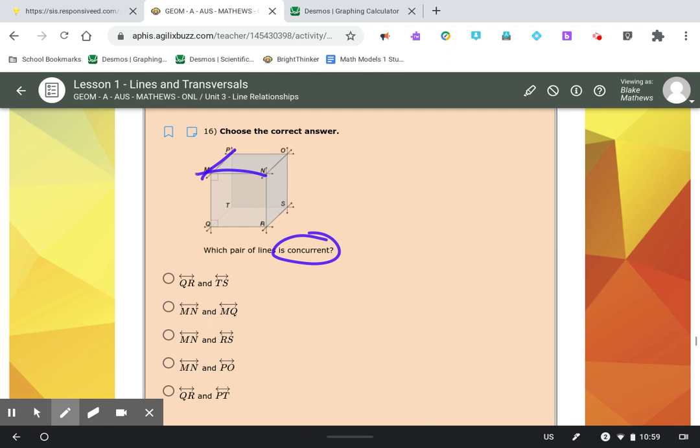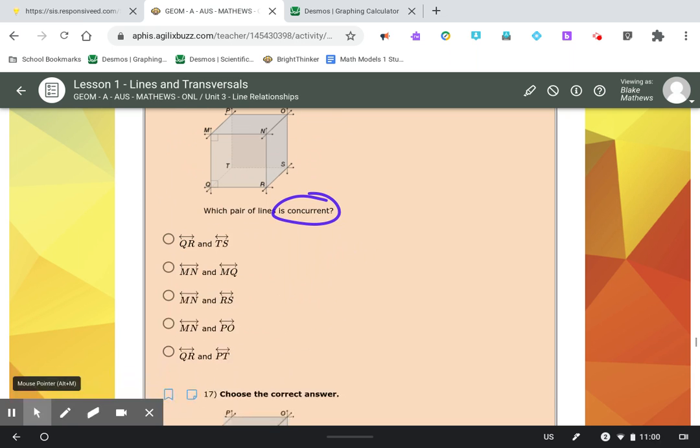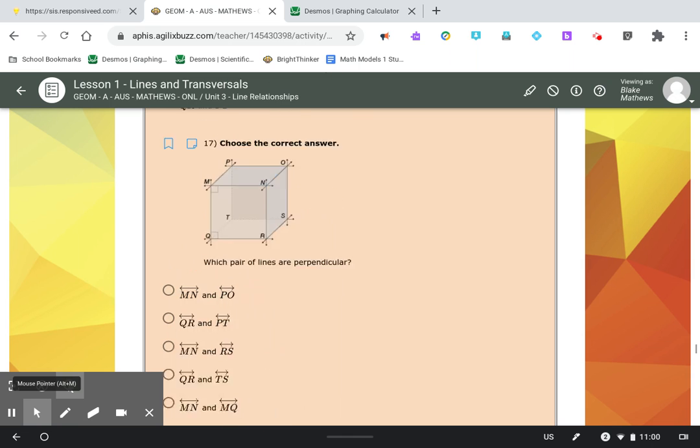These lines intersect. These lines intersect. Tons of different pairs of intersecting lines. So you just need to find which of the listed pairs is an example of a concurrent line pair. Remember, concurrent means intersect.